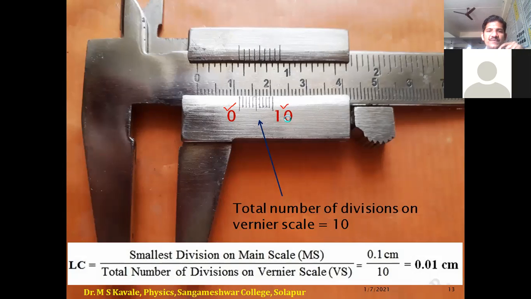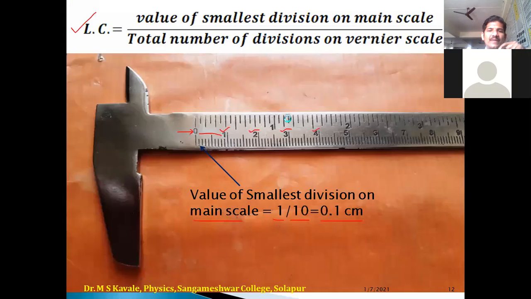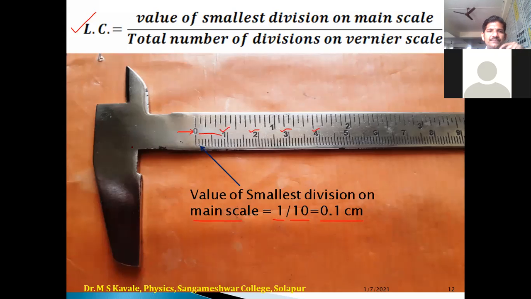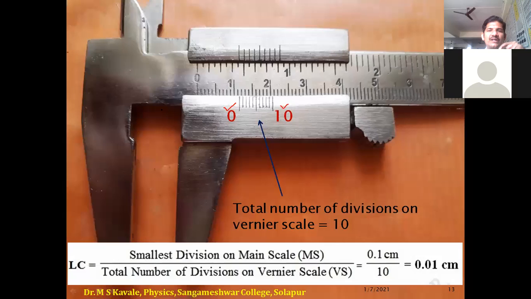We can observe only the divisions of the Vernier. So for your understanding, I have written 0 as the left division and 10 for the right-hand side division. So we can measure a total of 10 divisions on the Vernier scale. So the total number of divisions on the Vernier scale is equal to 10.